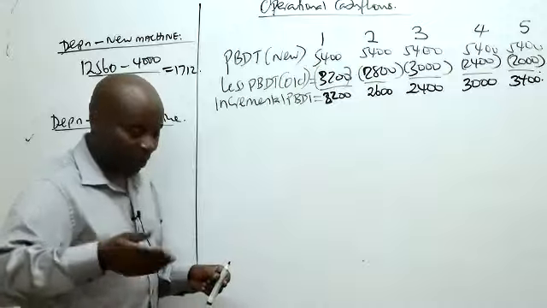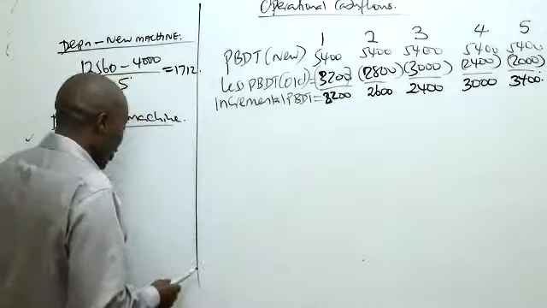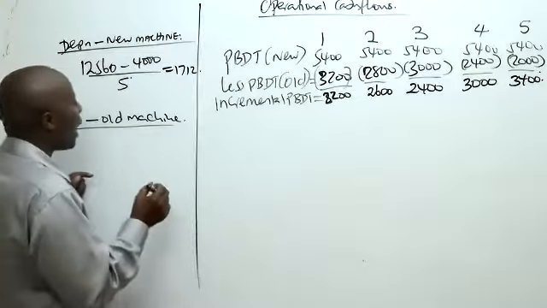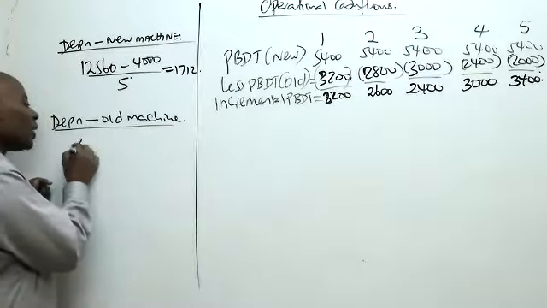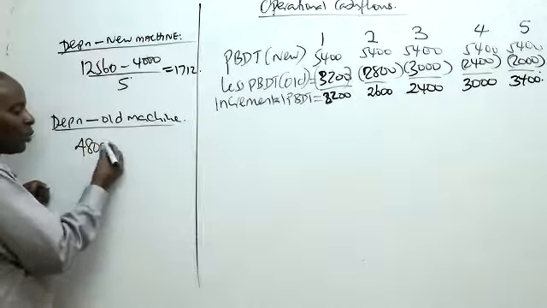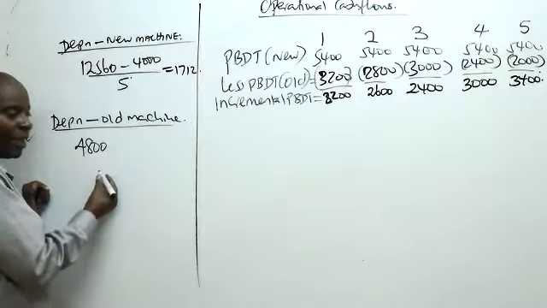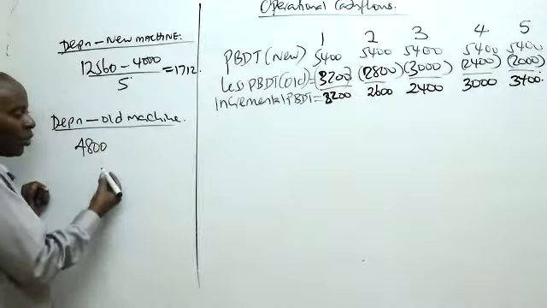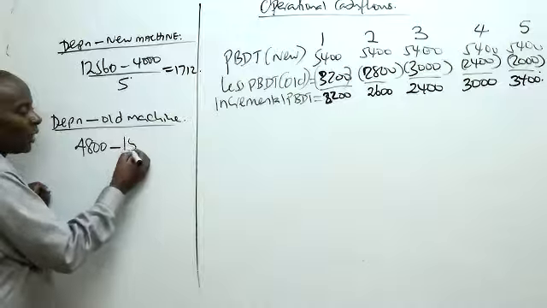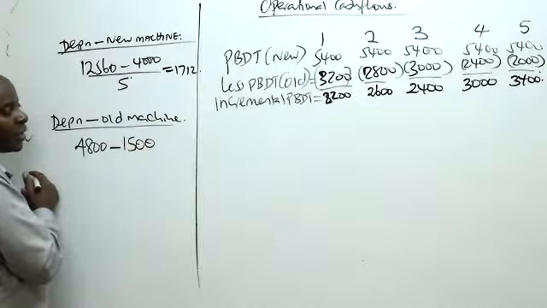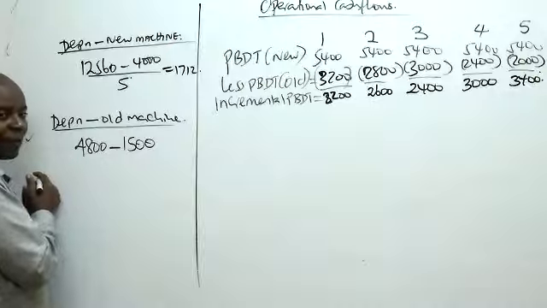So remember, 2 years ago, we were able to calculate its accumulated depreciation, and we even got its net book value. So the net book value after revaluation is what becomes your cost. Minus, they have told us, we have 1,500 Kenya shillings as our scrap value moving forward.